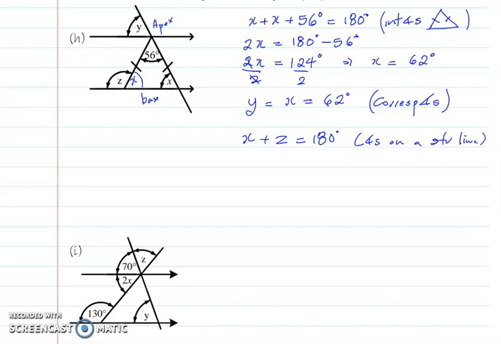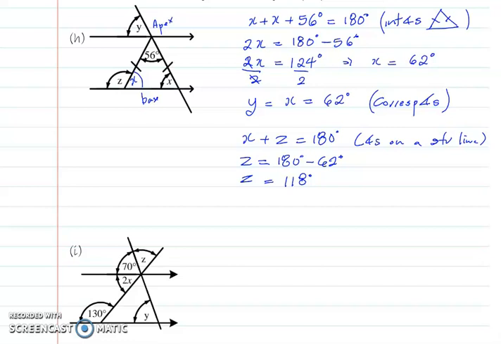All right, but x is 62, so z would be equal to 180 minus x, which is 62. So z would be equal to 118 degrees. Z is 118 degrees.